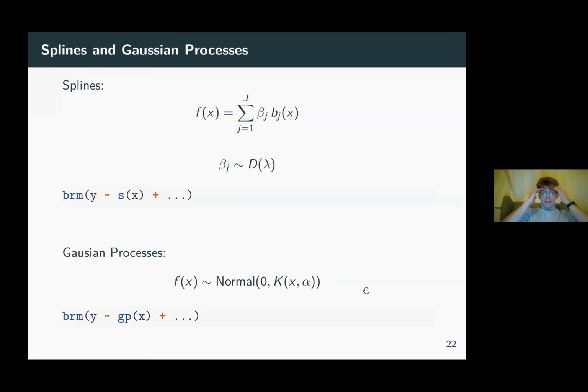Of course, they can be seen that way in a certain way, but with regard to the former part of the question, BRMS doesn't support multi-level Gaussian processes in the sense that we have partial pooling over the covariance matrices.